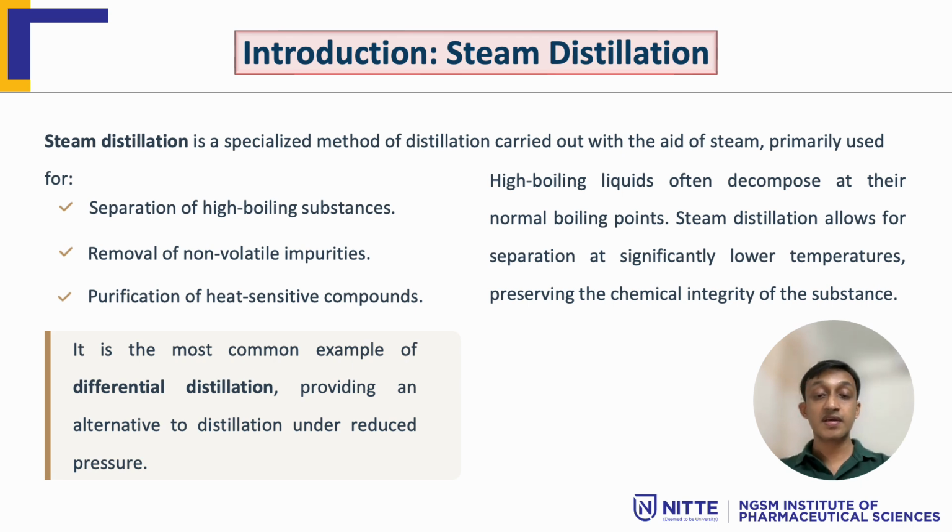Such compounds cannot be safely distilled because high temperatures may lead to degradation. Steam distillation solves this problem by enabling distillation at temperatures significantly lower than the normal boiling point of the substance.